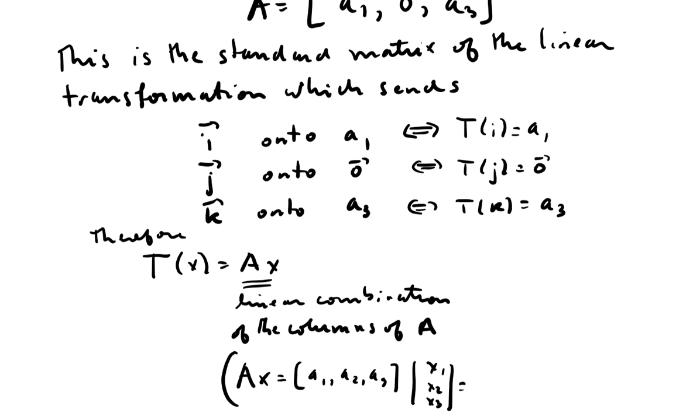This matrix vector product, we can write it in the form x1 times a1, and I'll write an arrow here so that you remember a1 is a vector, x1 is a scalar, plus x2 a2 plus x3 a3.